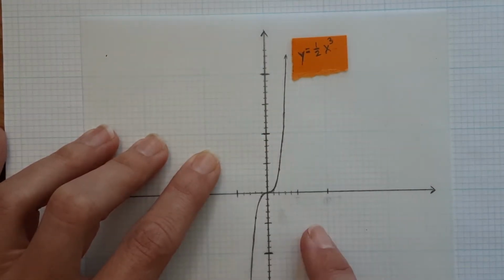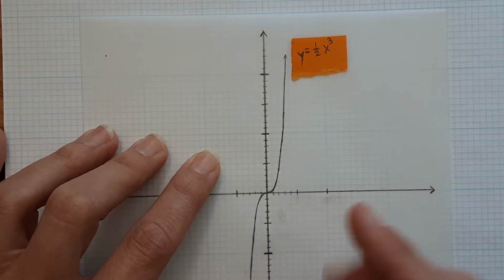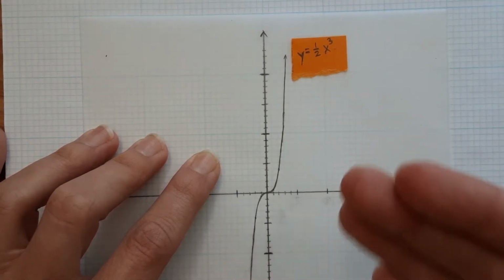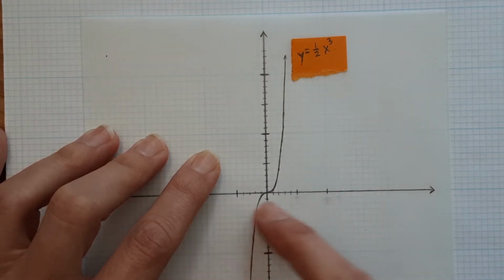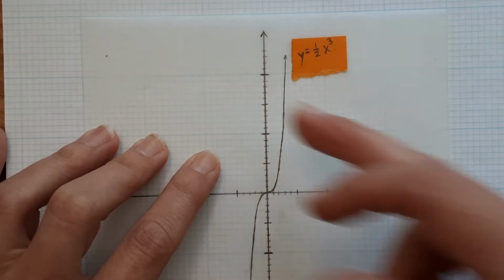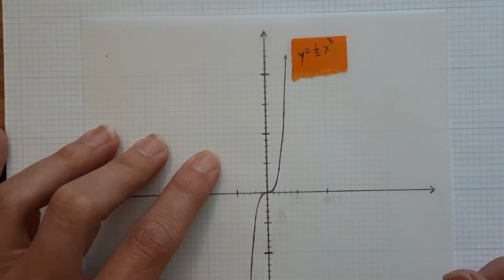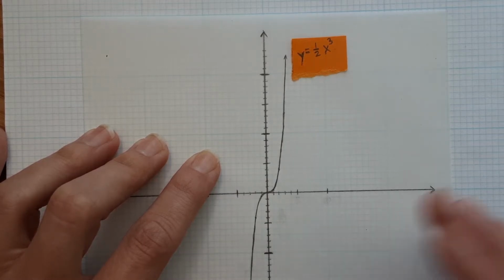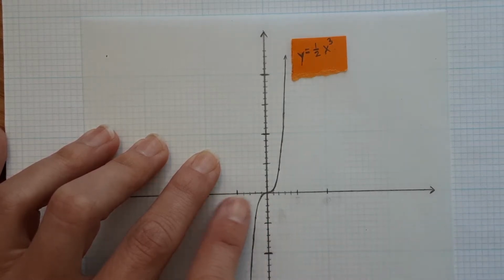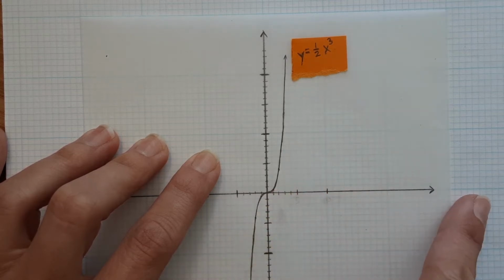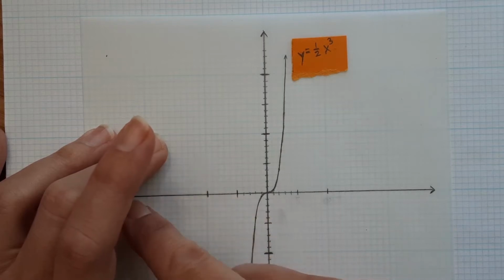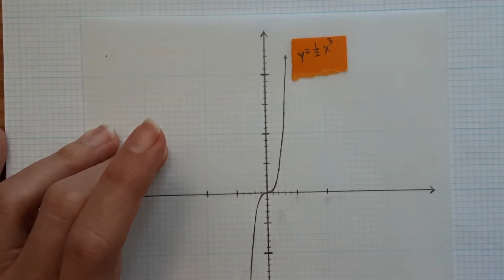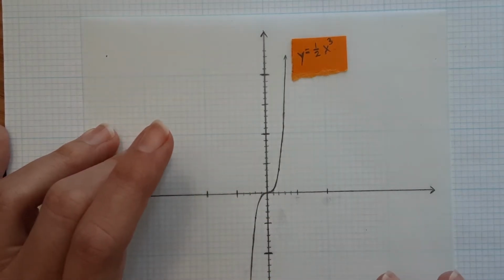So I want to think physically about what moves I would do in order to swap the x-axis with the y-axis. I want to keep the orientations the same. So I want the positive x-axis to be moved to where the positive y-axis is, and the negative x-axis to move to where the negative y-axis is, and vice versa.